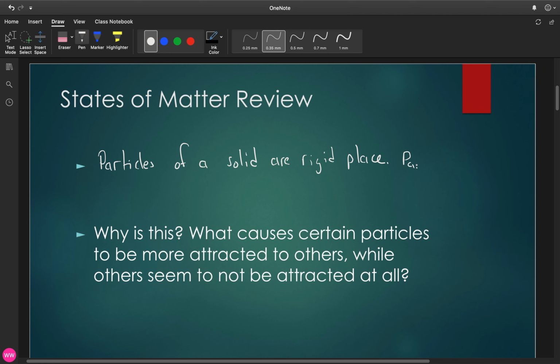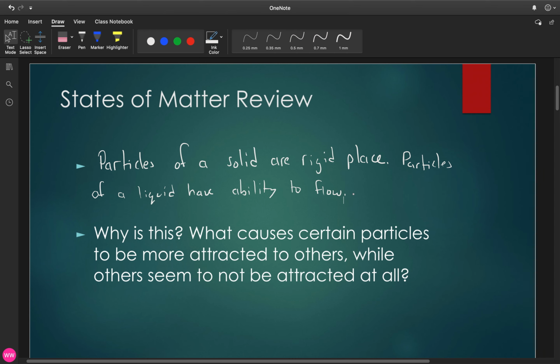Particles of a liquid have a little bit of flow, have the ability to flow, but are still right next to each other. And then particles of a gas are infinitely far apart from each other. They are bouncing off the walls, or bouncing off of each other.